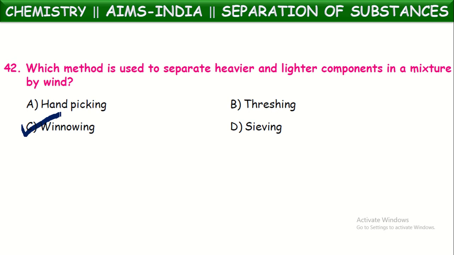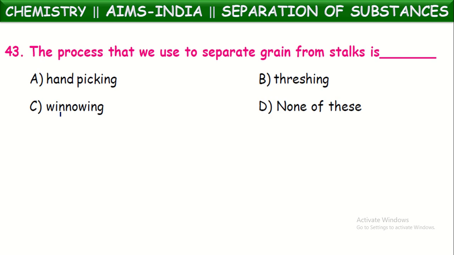Yes. Next one. The process that we use to separate grain from stalks. Yes, after harvesting, these stalks are beaten against a hard solid like rock or some bench. Then these grains will be separated from the stalk. That process we call threshing.